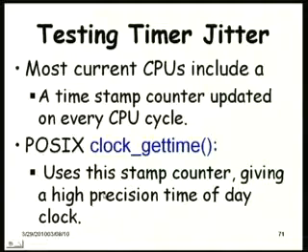You can even try on your Linux machine. You use clock_gettime, it will report a large number, basically the number of clock readings that have expired since the clock was booted.